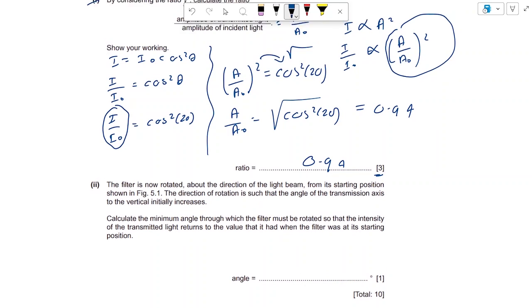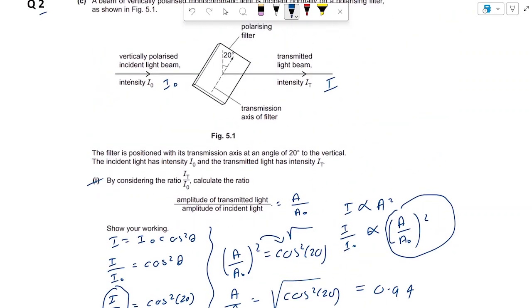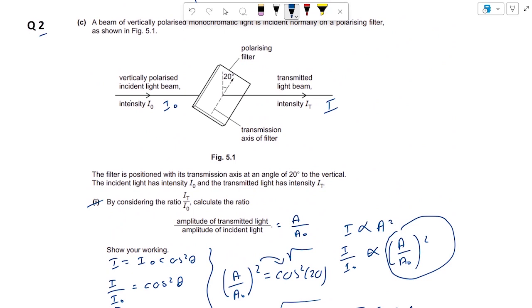Okay, so the second question wants us to find at what angle we would need to rotate this filter so that we would get the same intensity of light I. So we know that this is 70 degrees because, well, 90 minus 20 is 70.